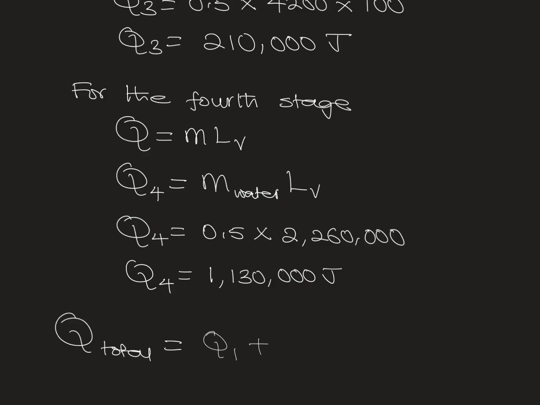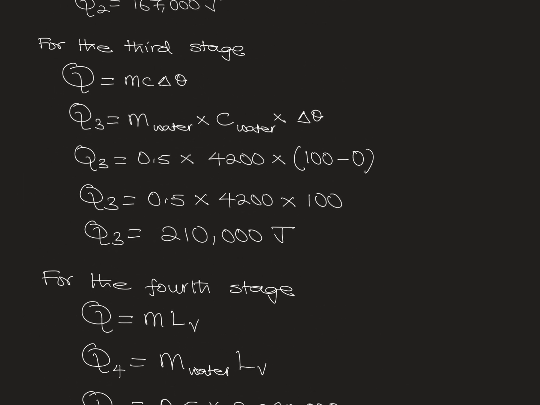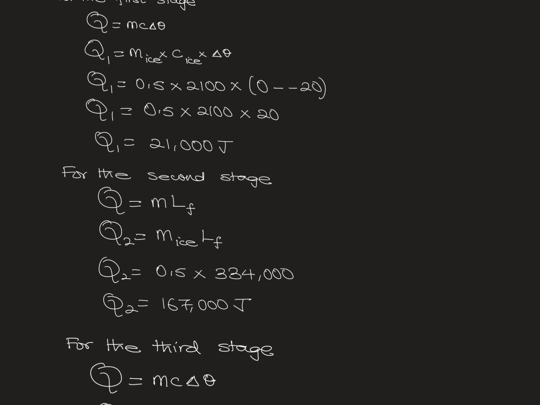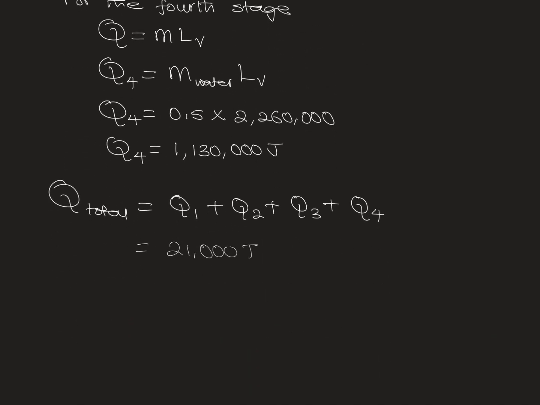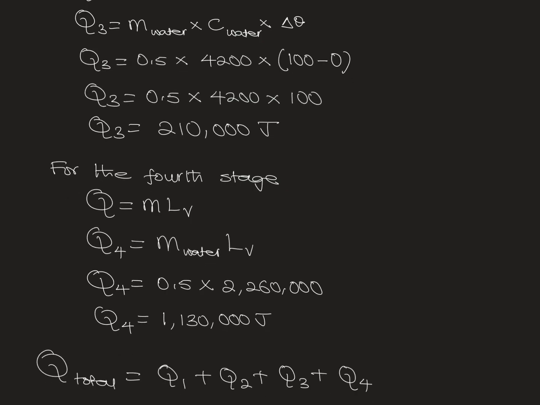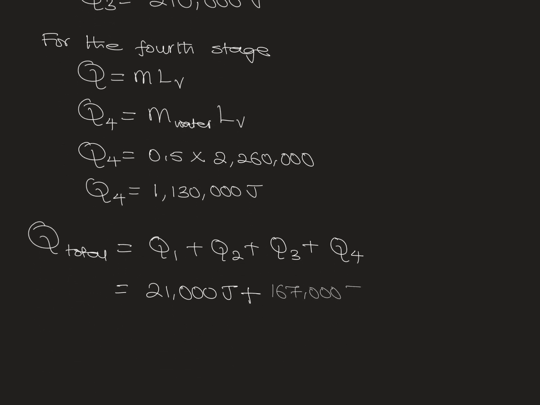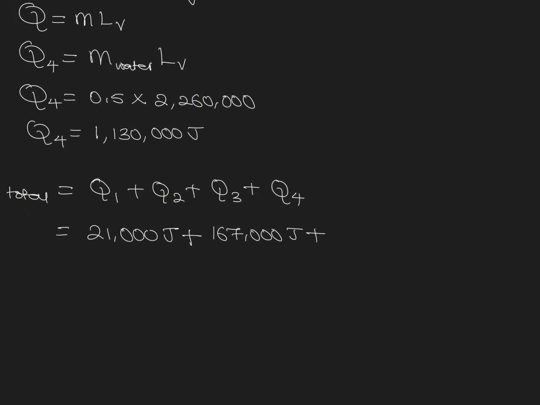If we want to know the total energy, Q total, it is going to be equal to Q1 plus Q2 plus Q3 plus Q4. Q1 is 21,000 joules, plus Q2 is 167,000 joules, plus Q3 is 210,000 joules, plus Q4 is 1,130,000 joules.